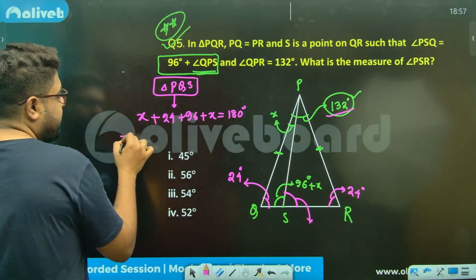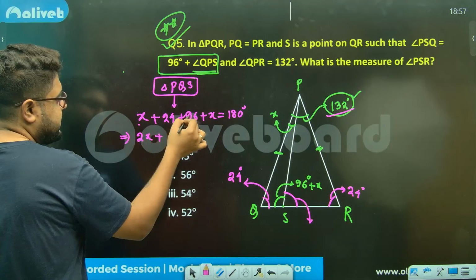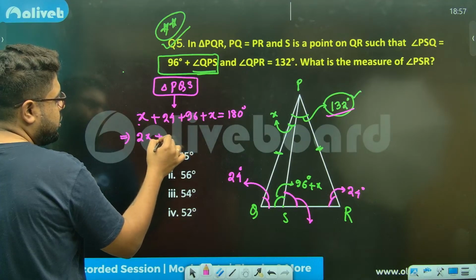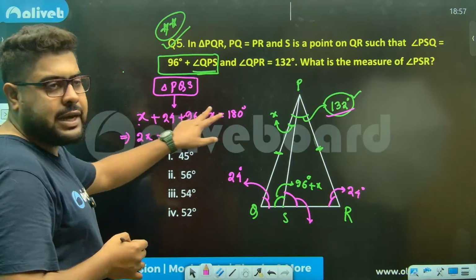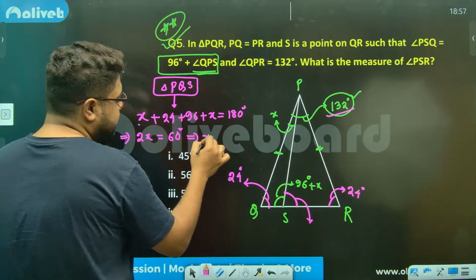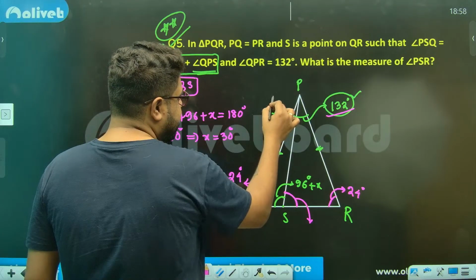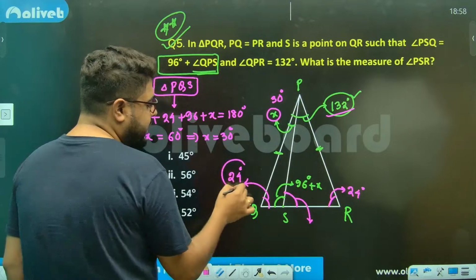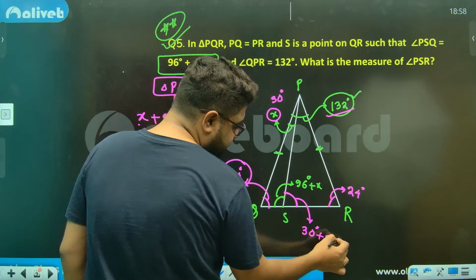So 2x plus 120 is 180, so minus, this is 60 degree. So from there, x becomes 30 degrees. So that means this is 30 degree, and this is 24. So this angle has to be 30 plus 24, which is 54.